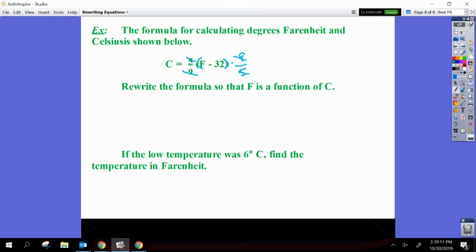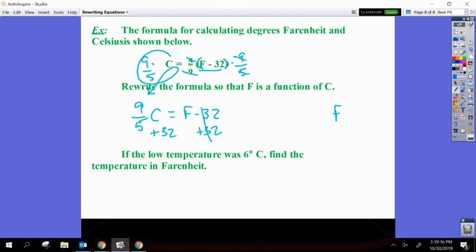We've practiced getting rid of that fraction before, times 9/5. This is now 9/5 times C is equal to F minus 32. No need for the parentheses anymore because all we have is F minus 32. Add 32 to both sides. That cancels, and F is equal to 9/5 C plus 32.